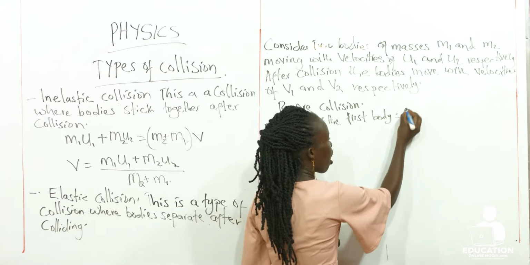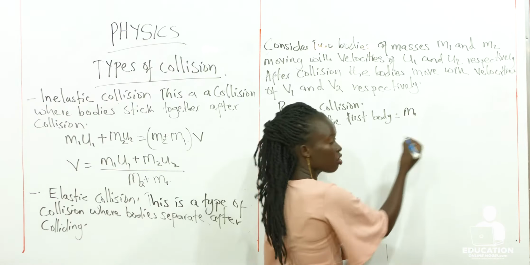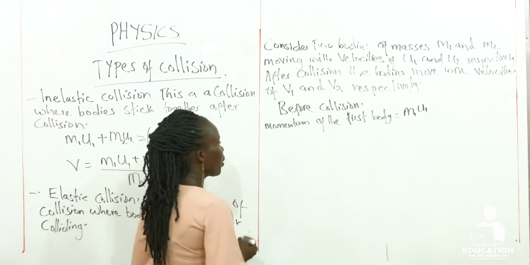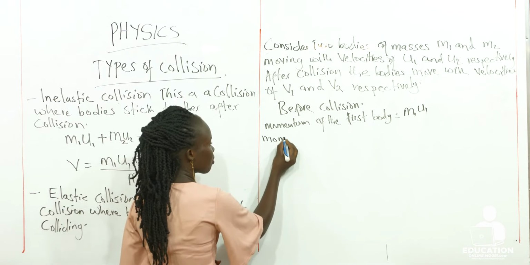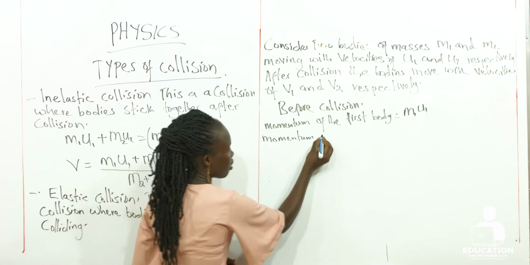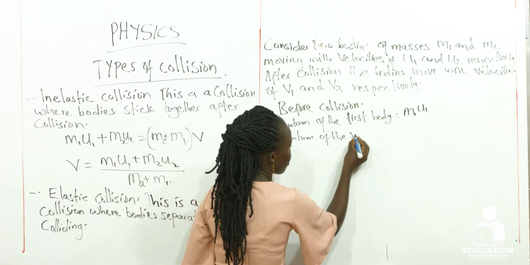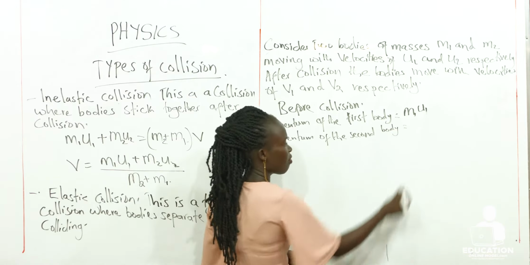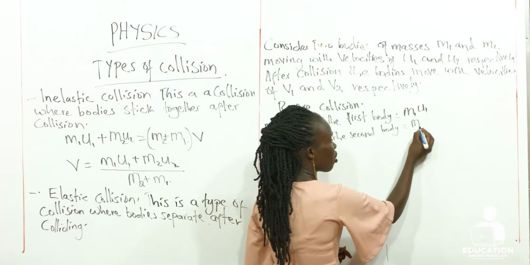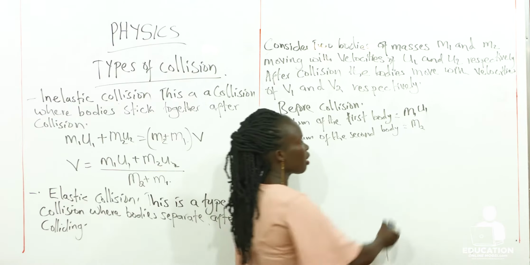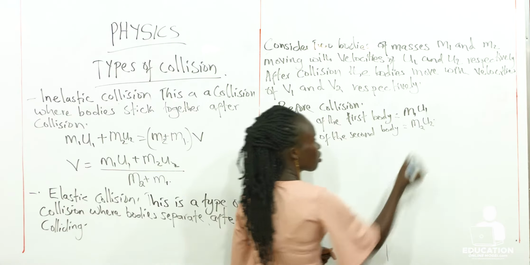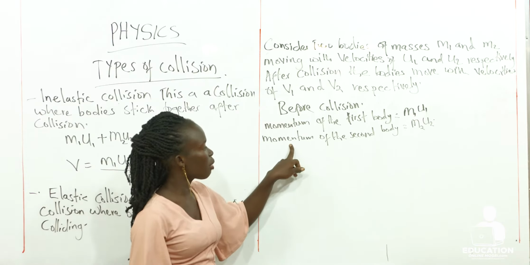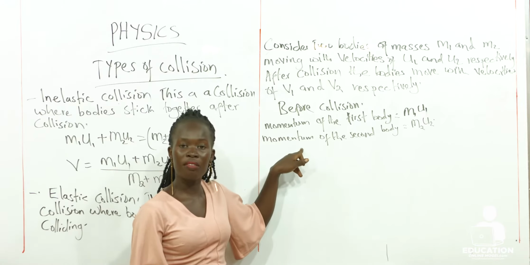So we have m1 as the first body, and it was moving with a velocity of u1. We also have the momentum of the second body, which gives us the mass of that second body times the velocity with which it was moving. So we have the momentum of the first body and then the momentum of the second body.